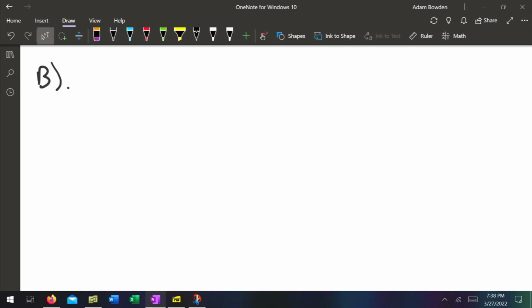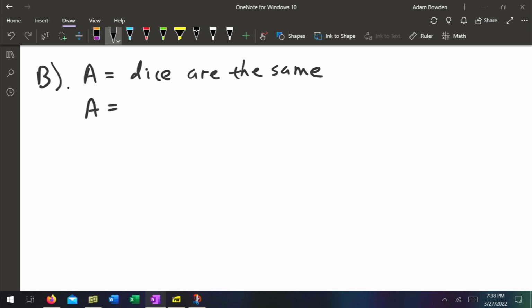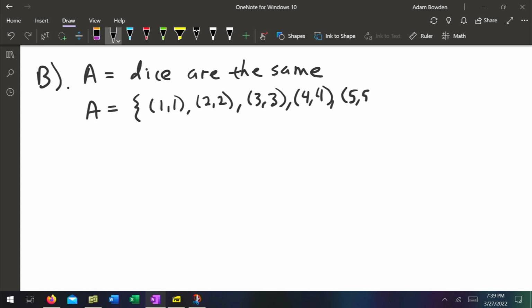For part B of this question, we're going to have part A that says that this would be the event that dice are the same. And so the number of outcomes for the event that the dice are the same, we'd have 1,1, 2,2, 3,3, 4,4, 5,5, and 6,6.